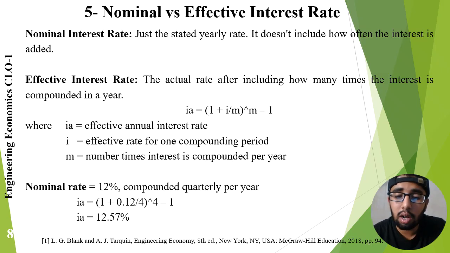In the example shown, a nominal rate of 12% compounded quarterly results in an effective annual rate of approximately 12.57%. Understanding the difference is important because project evaluations can change significantly when compounding is considered. Project managers must ensure that the correct interest rate is used in financial analysis.